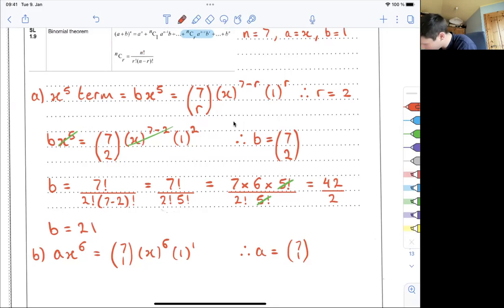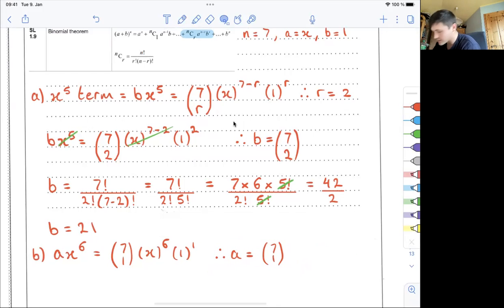But a hard and fast rule that you can remember is any number C1 is going to be that number, okay? So for instance, let's write it in.